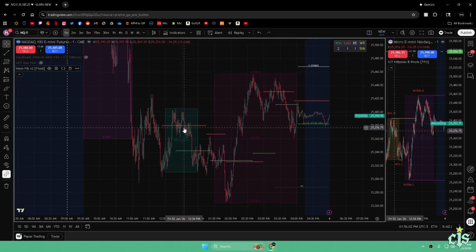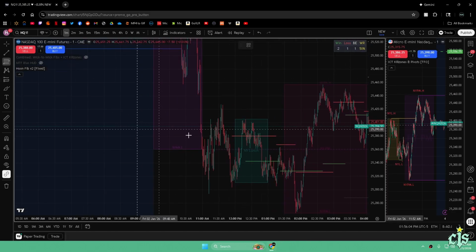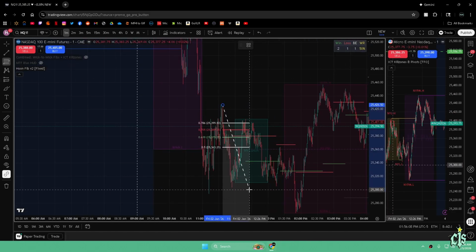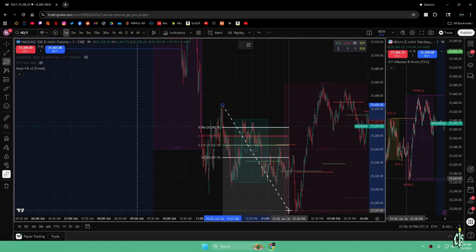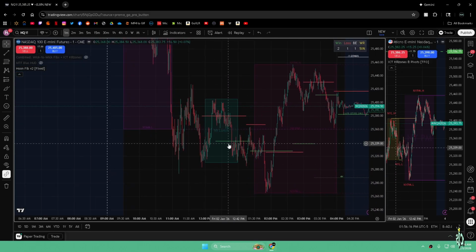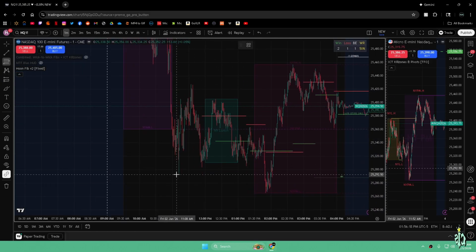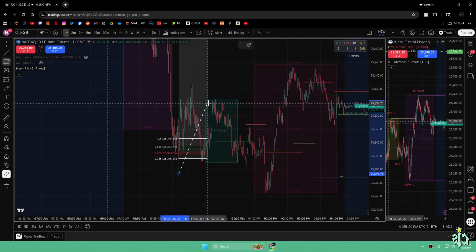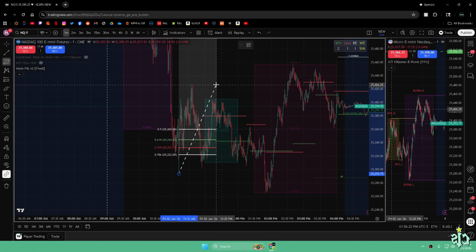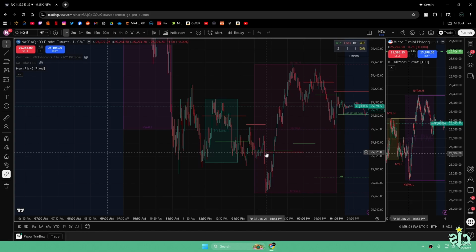Reds indicate a bearish fib, like that, I believe so. That's our bearish fib, and then the green indicates our bullish fib. Or whatever, but yeah, indicates our bearish and bullish fib levels.